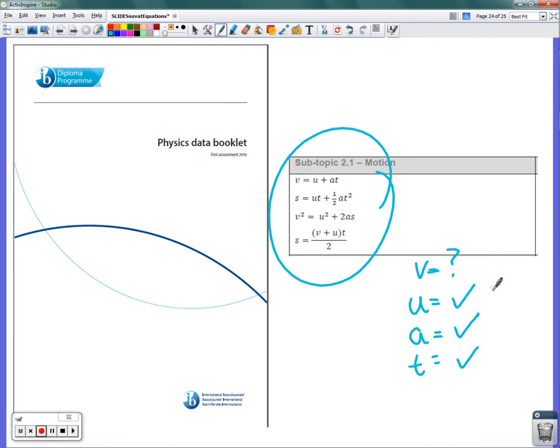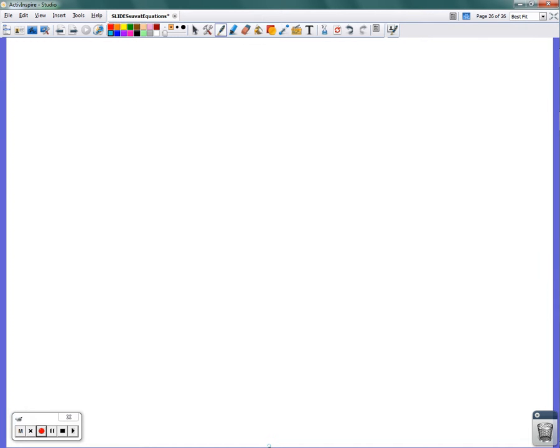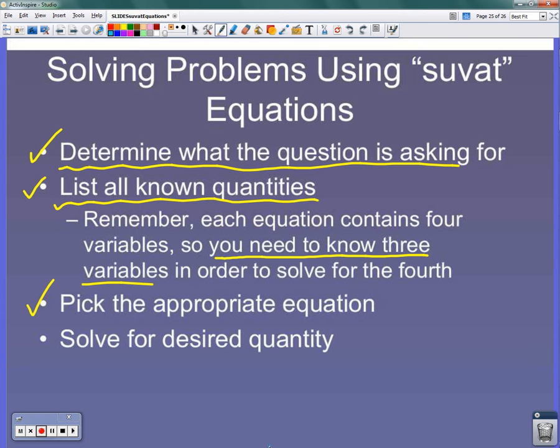Now it becomes easy to find that we should pick this equation. Why? Because it has the 3 things in it that we know and the 1 thing that we don't know, so we can solve for it.